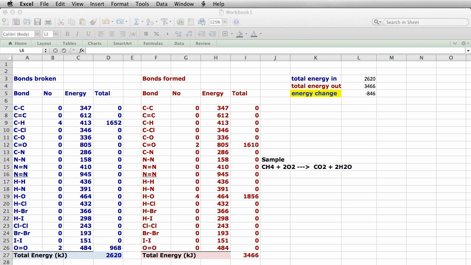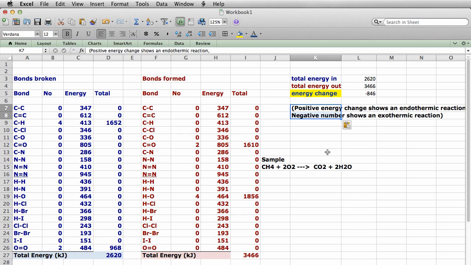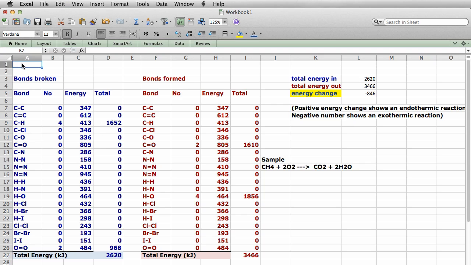The idea is we could also give some kind of explanation for this. Positive energy change shows an endothermic reaction, negative number shows an exothermic reaction. And now we have a table that can work for many different purposes.